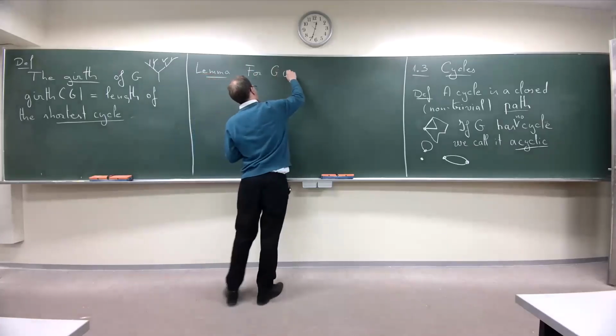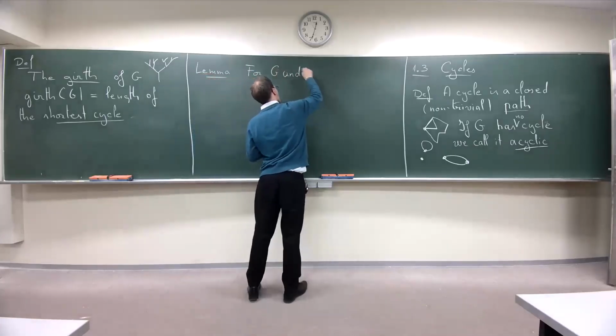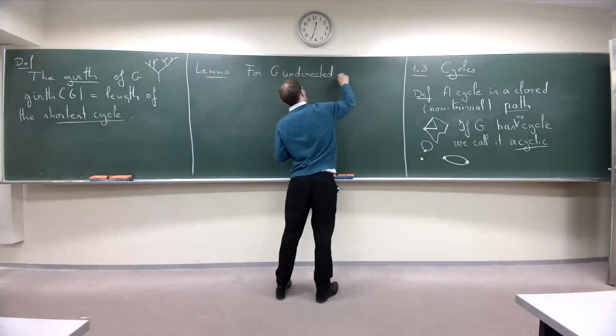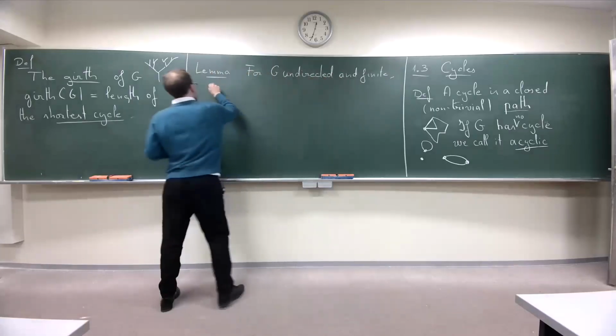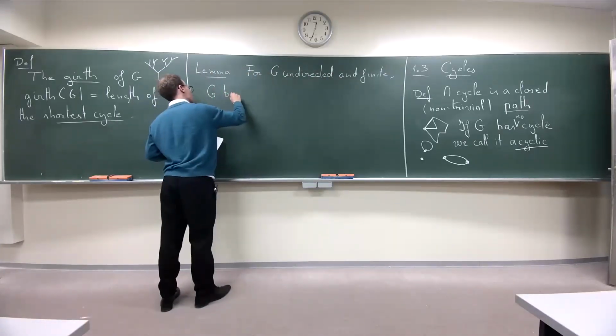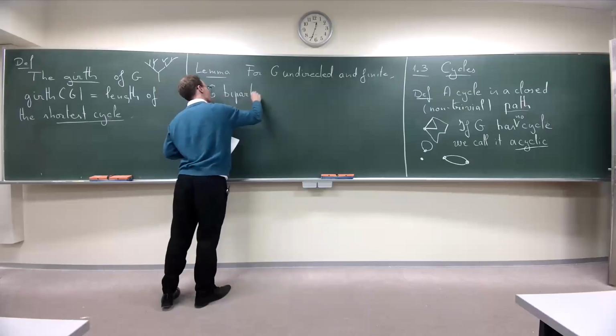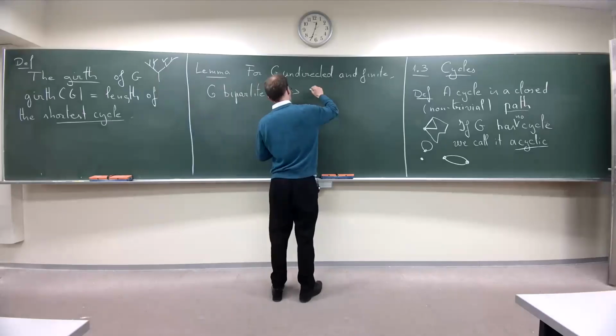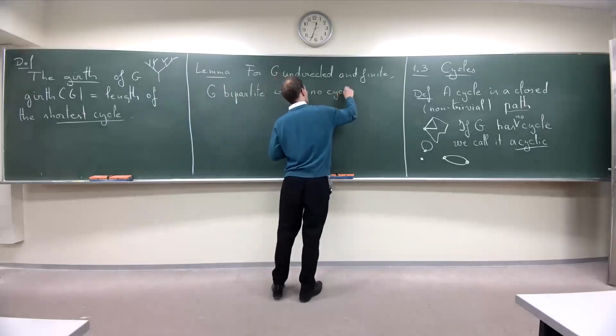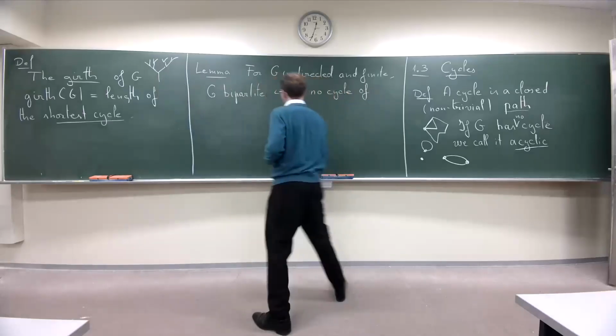For G undirected and finite, let's say it's finite. G bipartite is equivalent to no cycle of odd length.